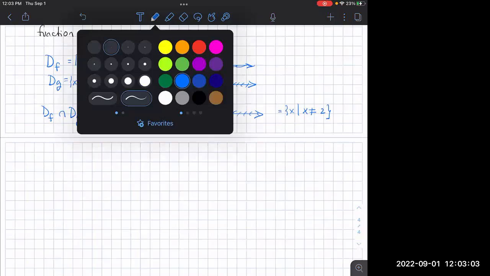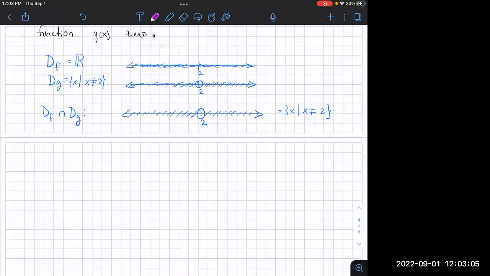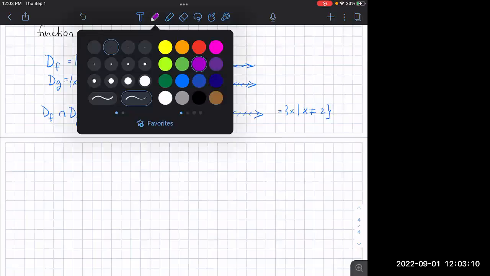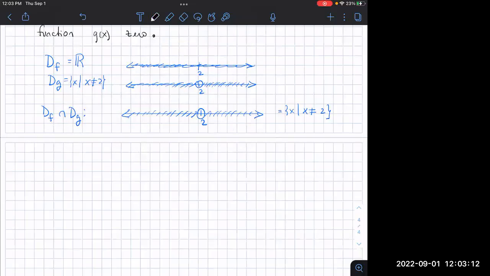Okay, so let's look at this example. I guess let's make up another problem. Example: say f of x equals the square root of x plus 2, and g of x equals the square root of 2 minus x.